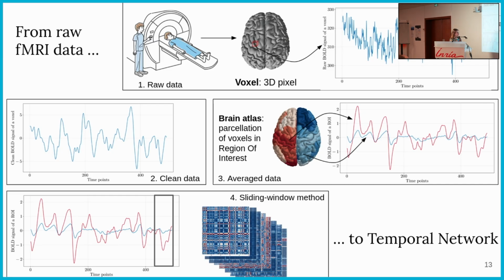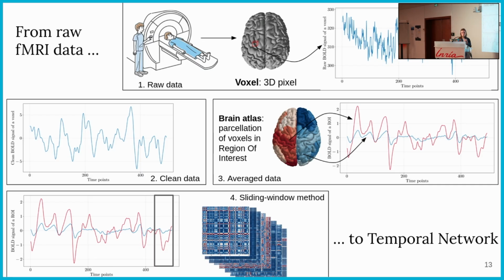And so we obtain a collection of adjacency matrices, and so we obtain a temporal network. This temporal network has brain regions as nodes, and it's a complete and weighted graph, where the weights are computed as the Pearson correlation between the two time series in the window. And yeah, this is the temporal network that we obtain.